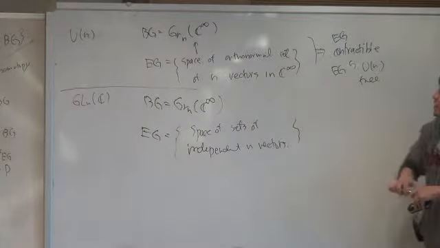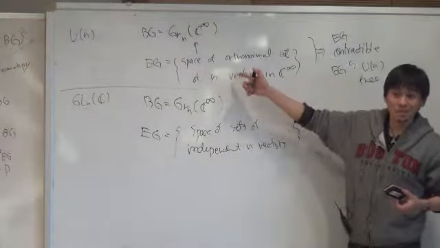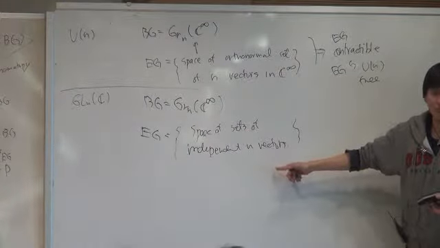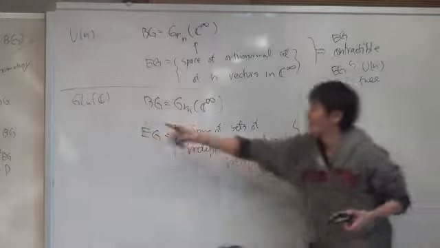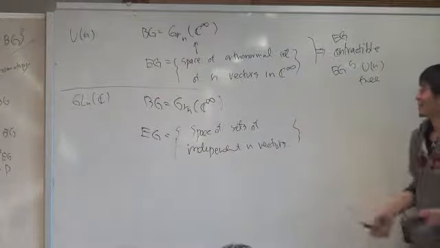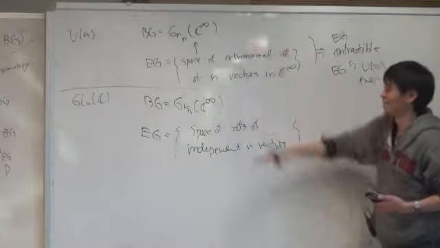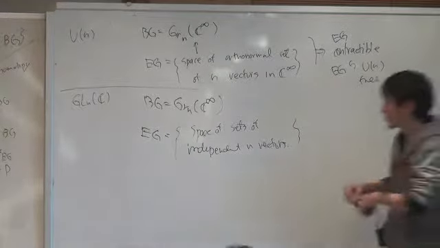You're not taking a unitary basis of the n-plane, you just take all independent vectors, and that gives you a plane. And there, G acts freely. So this is the real version, and this is the complex version somehow.